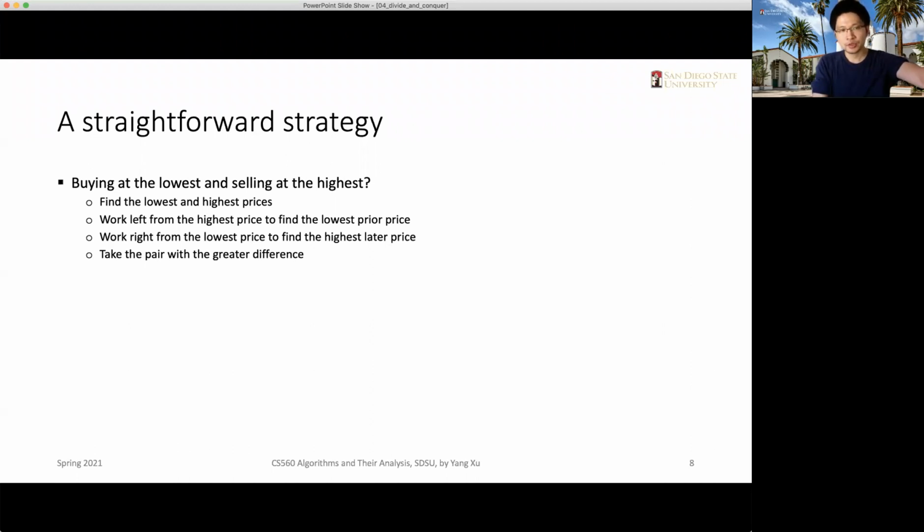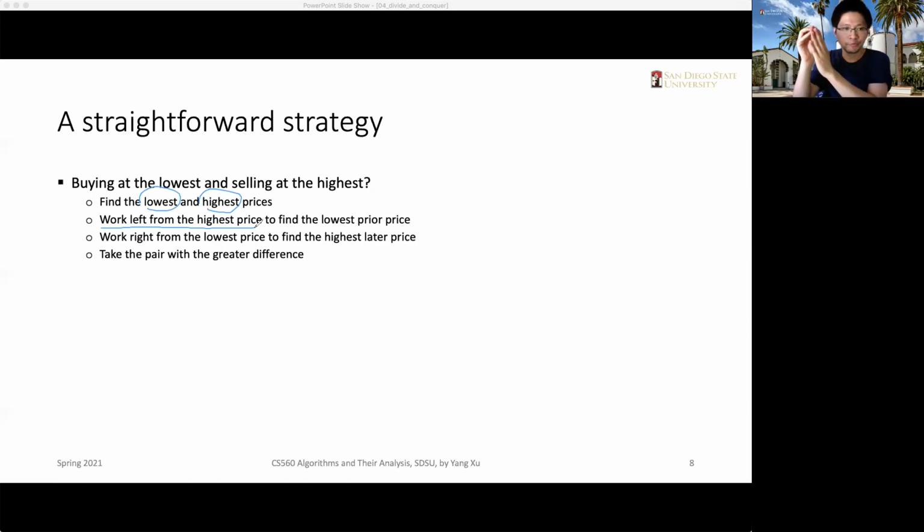Okay, so that means we should either find the lowest or the highest prices. Then we will work left from the highest price, because if we want to sell at the highest price, then we must buy in before it, right?